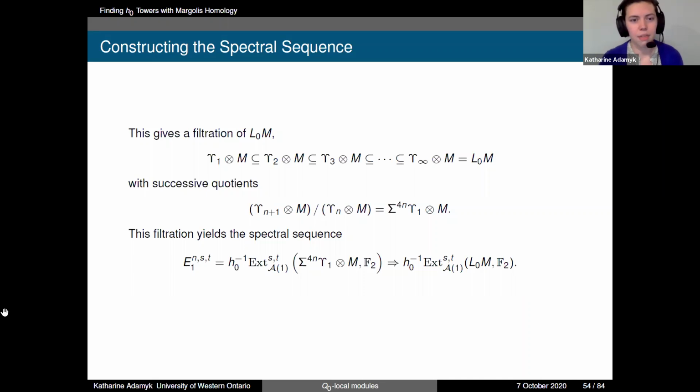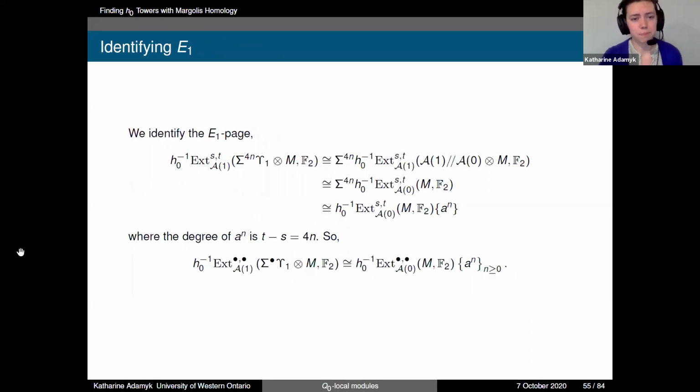So let's start with the E1 page. My E1 page is given to me by Ext over A1 of some suspension of the one Seagull tensor M, F2. So first, in that first step, I'm just moving the suspension out. So I'm not going to think about the degree.